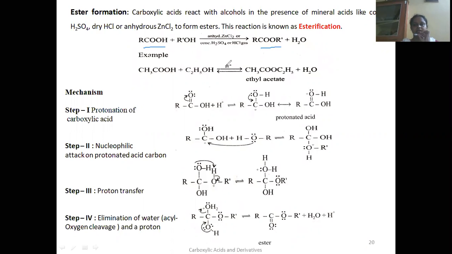Suppose I am using sulfuric acid, what does it provide? It provides H plus. This initiates the reaction, and after the reaction is completed, it has to be regenerated.